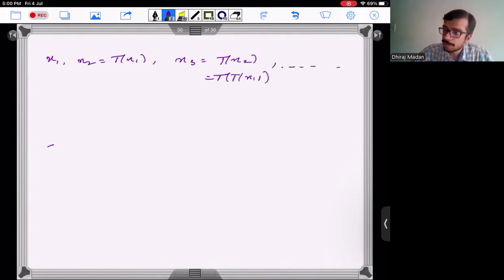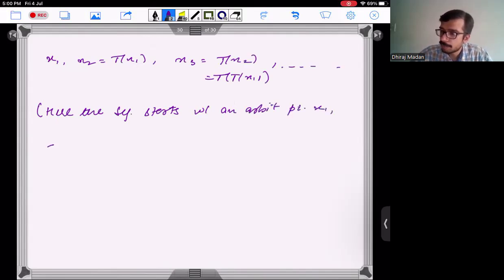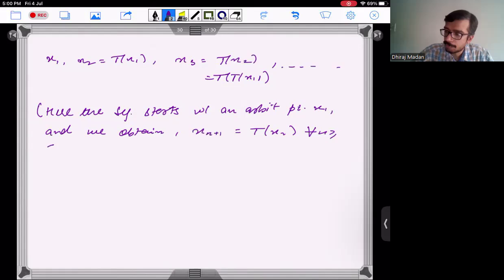So basically, here the sequence starts with an arbitrary point x1, and we obtain x_{n+1} equals T of x_n for all n greater than or equal to 1.